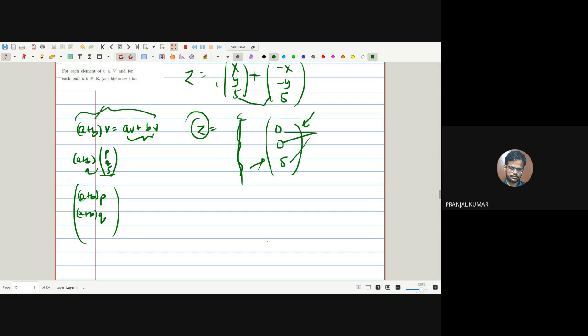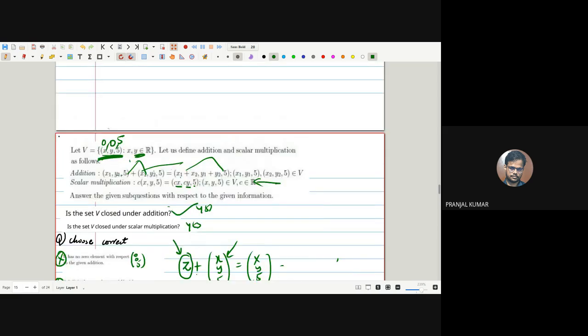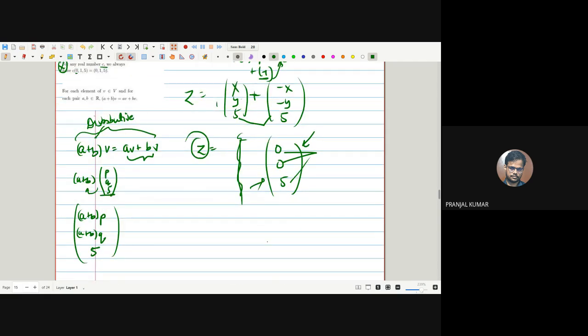This is known as checking the distributive property. Yes or no? Because c times (x, y, 5) is (cx, cy, 5). So this is ((a plus b)p, (a plus b)q, 5).